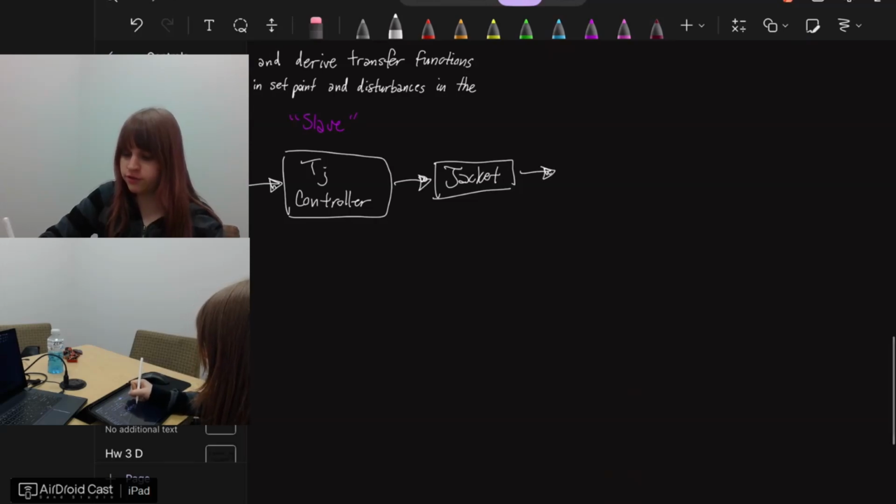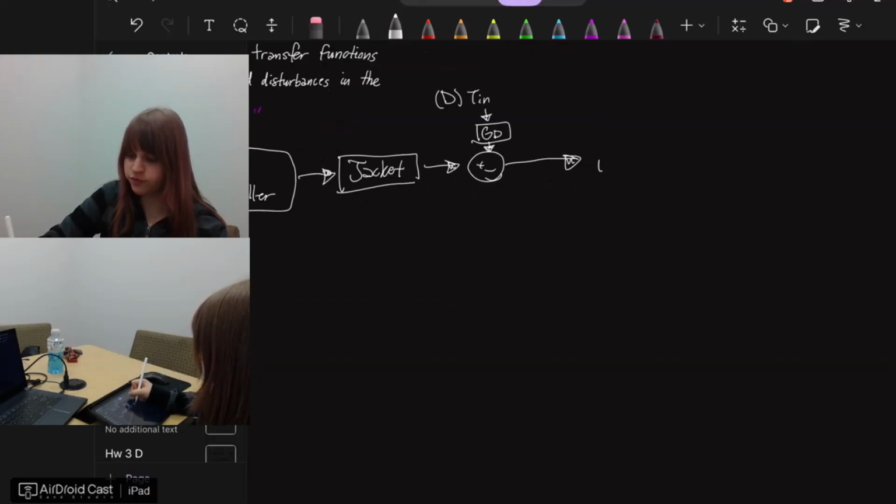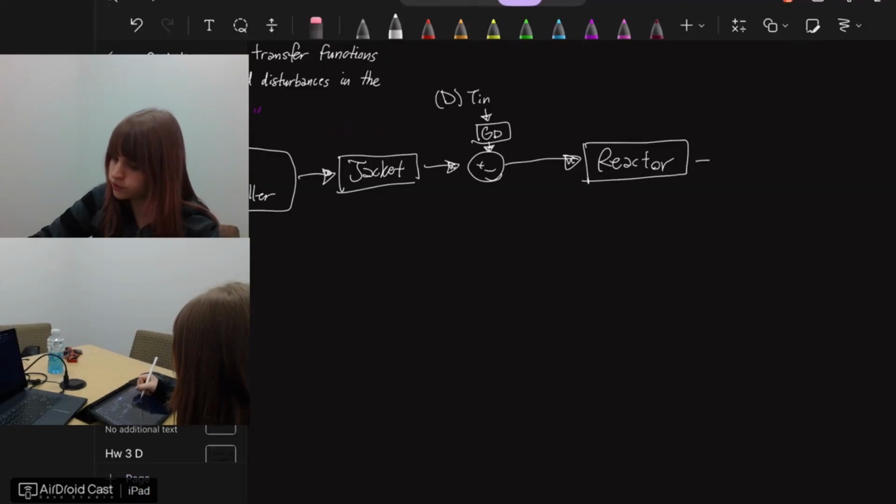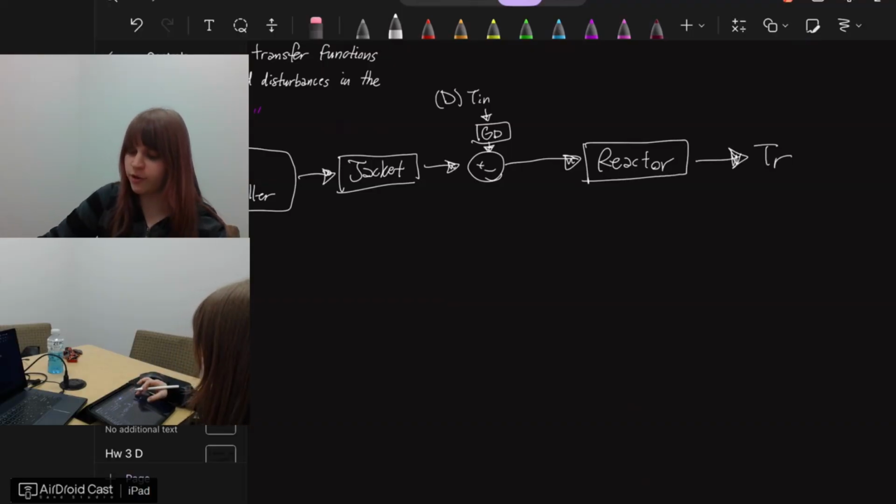We have a comparator, disturbances from the temperature going in, going to our reactor, and our reactor temperature output.